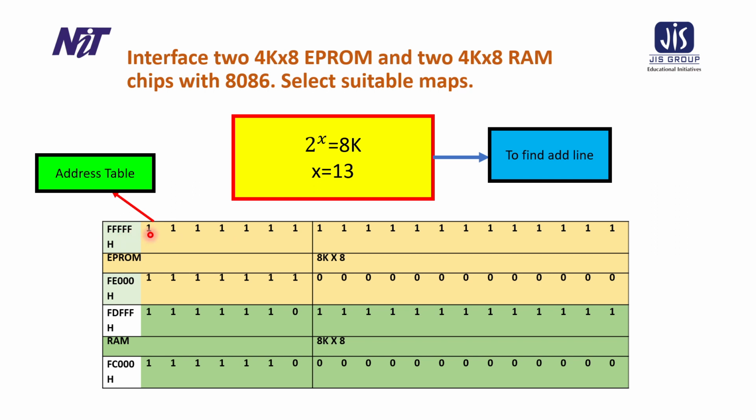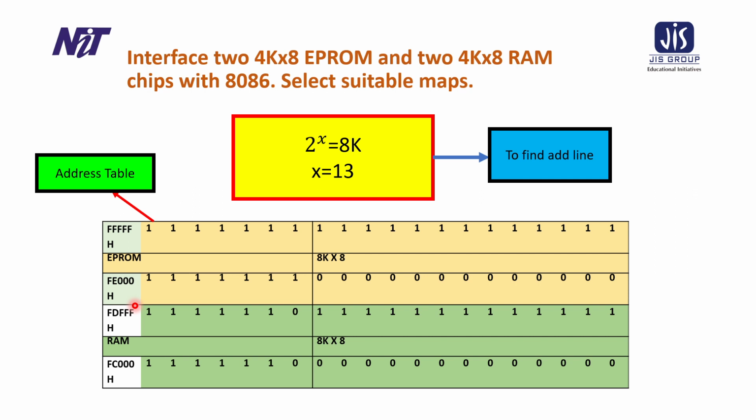I write all the lines A0 to A19 as high, and x is 13, so 13 lines become 0 from right to left, that is A0 to A12, and the rest of the lines I copy from the upper one. The location address of this ROM is FFFFFH to FE000H.